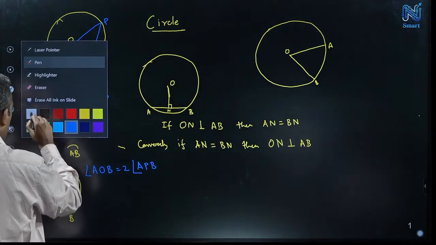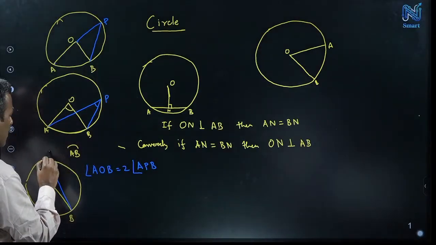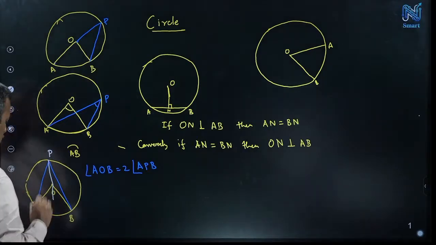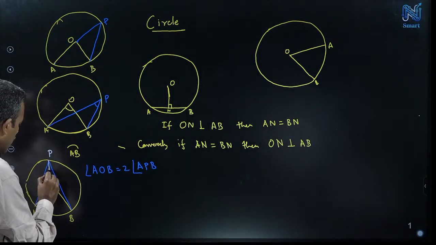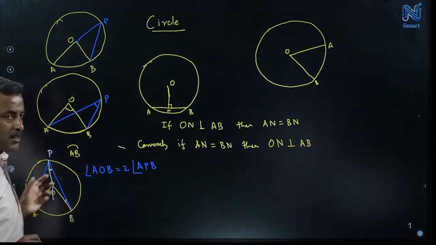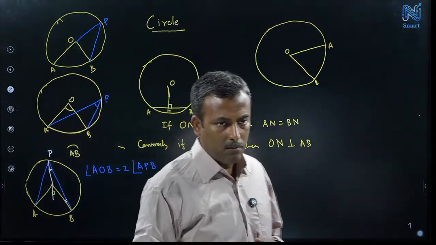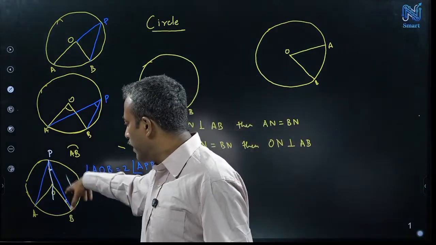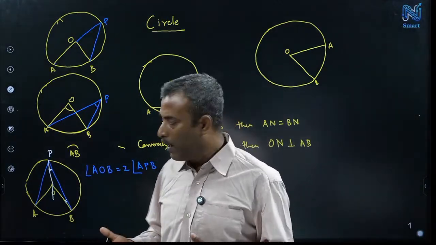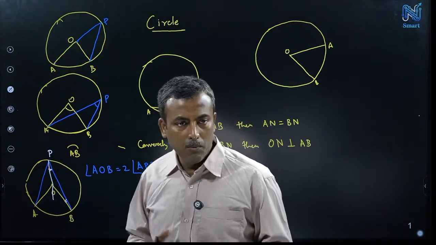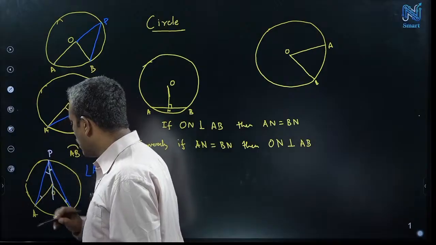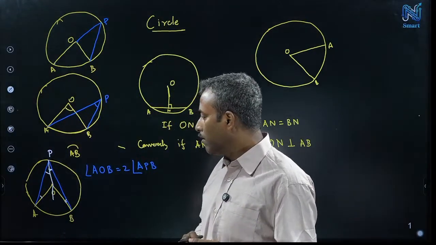Almost the same: we just join PO and extend it, and then these two angles are equal. We know two sides are equal because both are radii, right? OP and OB are radii, so these two angles OPB and OBP are equal. Similarly, these two angles are also equal, right?